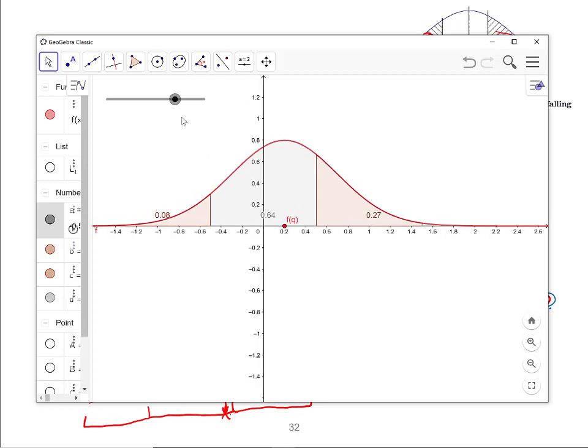So now let's look at it. The gray area is the cumulative probability that O star will fall into the same bucket as the query. Right.